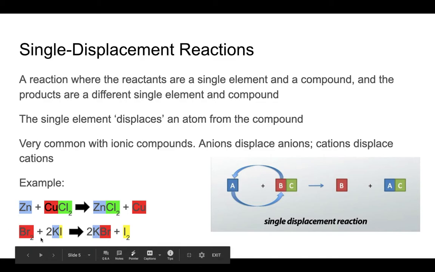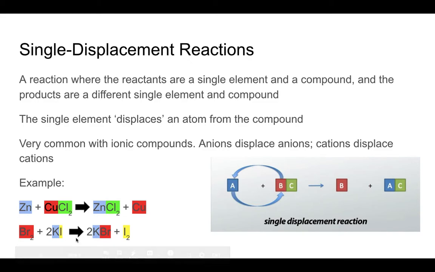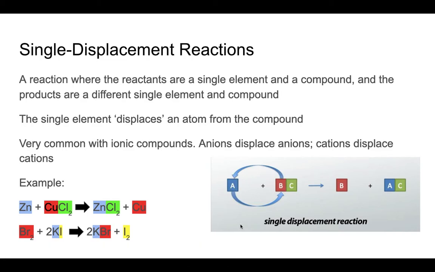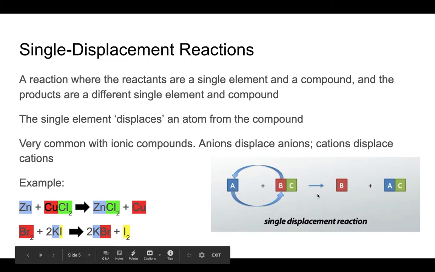We've got bromine as the single element. Bromine kicks out iodide and bonds with potassium. So it's a single displacement reaction. It makes a little bit more sense when you look at it with A's, B's, and C's right here as well. It's basically the single element just kicks out one of the elements in the compound and bonds with it.